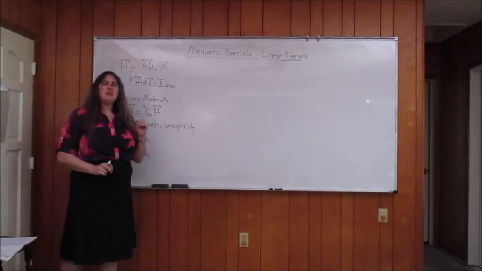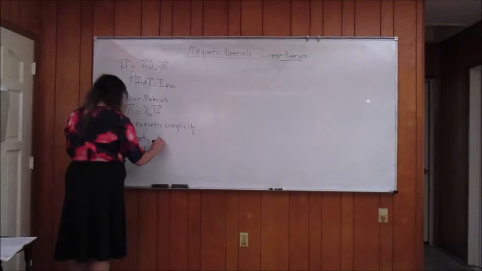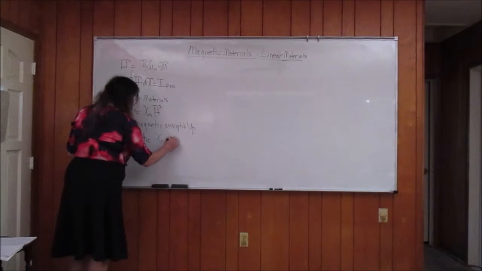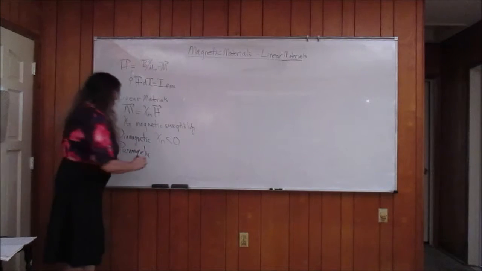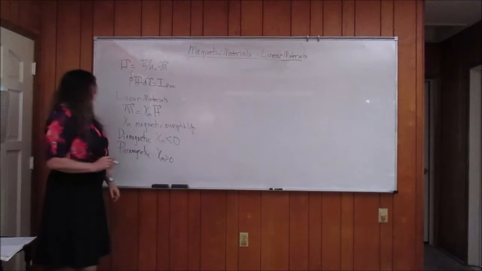Paramagnetism, the moments align with the magnetic field. So therefore, in the case of diamagnetism, the susceptibility is negative. In the case of paramagnetism, the susceptibility is positive.